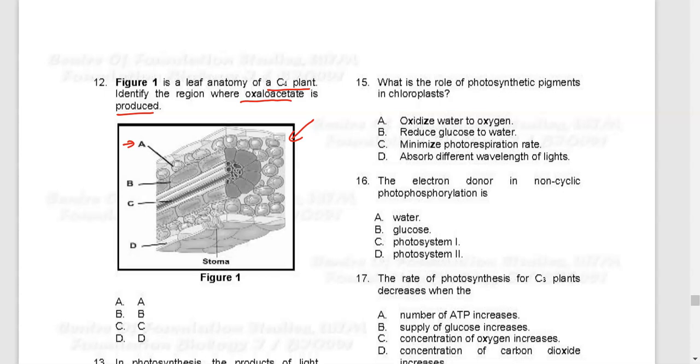A is mesophyll cell. B is bundle sheath cell. C is vein, and D is epidermis, the lower epidermis in this case.